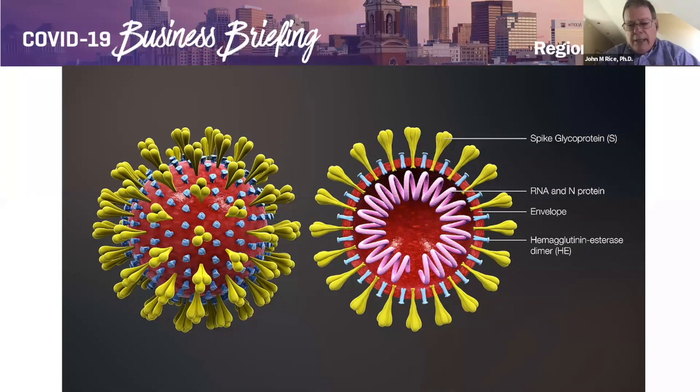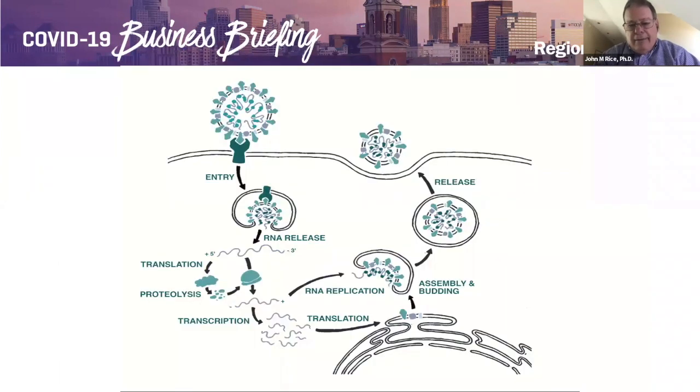If we go to the next slide, I'll give you a schematic overview of the life cycle of virus replication. The virus attaches to receptors on the surface of cells, in this case, angiotensin converting enzyme receptors. Not important, but it's a protein found on the membranes in the lining of your throat and nose.